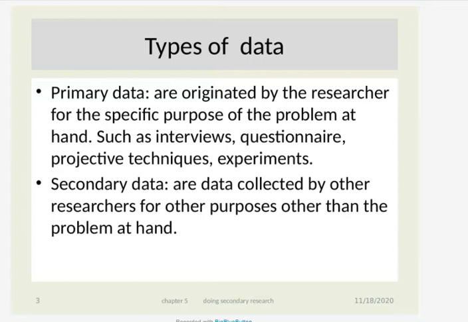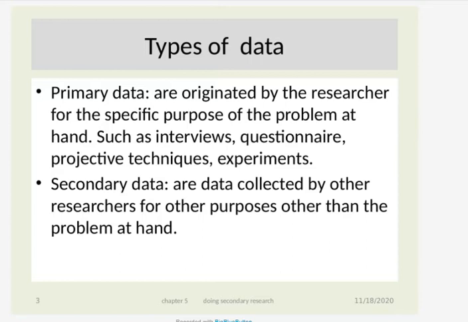The primary data is the type of data collected by researchers directly from the main sources. أول مرة يجمعوها، أول مرة البيانات دي يتم تجميعها. Like if you are collecting these data through interviews, questionnaires, projective techniques, experiments, any type of collecting techniques.